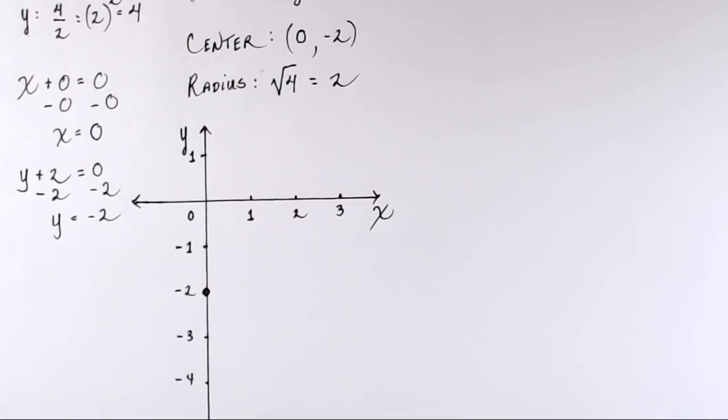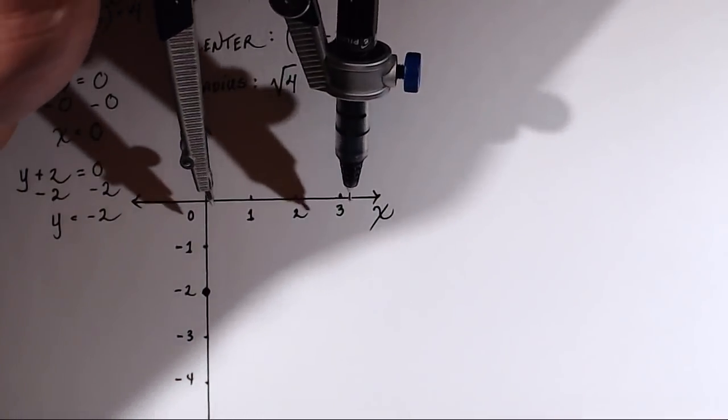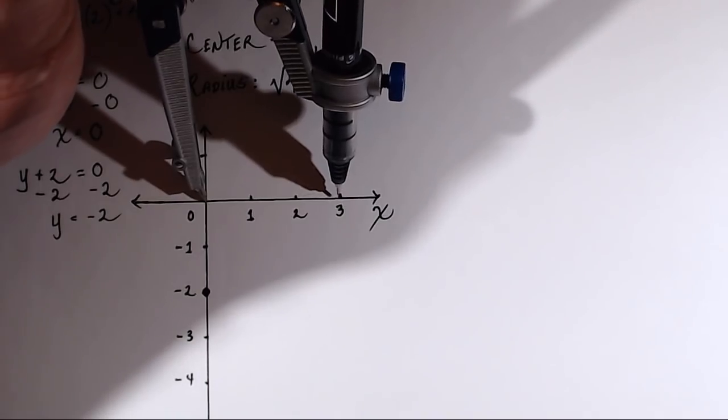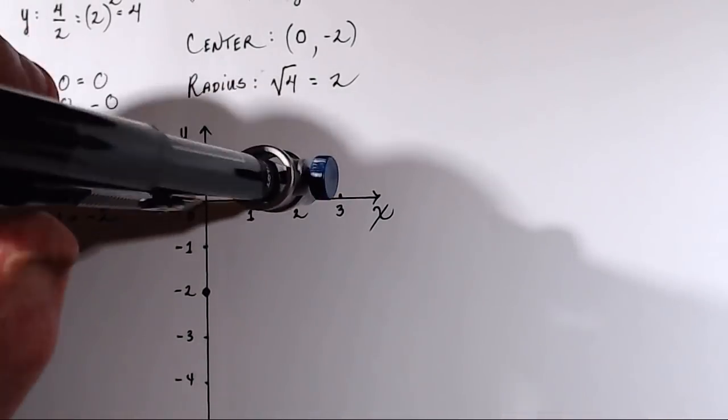And now I need to use my compass to determine the appropriate radius. We know the radius is 2, but I've got to actually measure out what that looks like on the physical page using the scale that we invented with our ruler when we drew the graph. So my current radius is set to 3, but I need the radius to be 2.